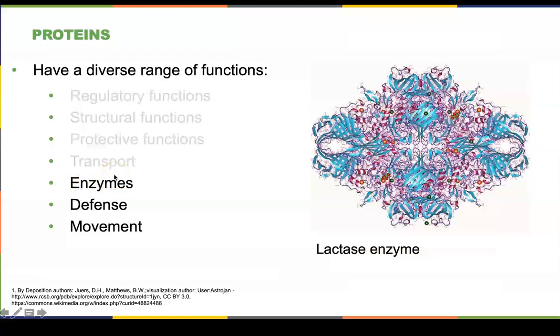We will see many examples of this throughout the semester, but one such example is the lactase enzyme. And lactase helps break down lactose. So lactose is a disaccharide that we talked about with regard to carbohydrates.